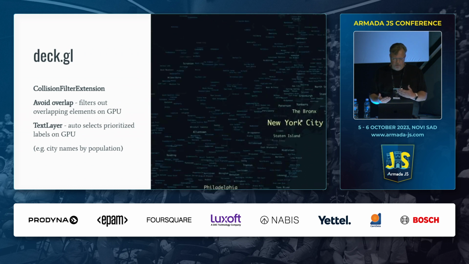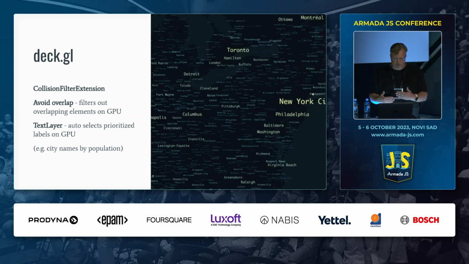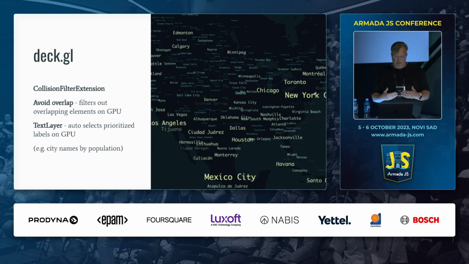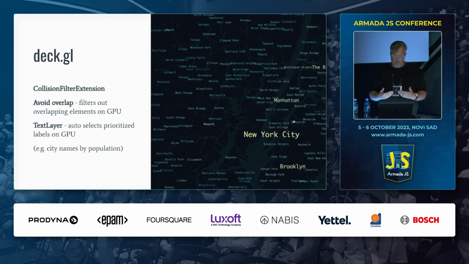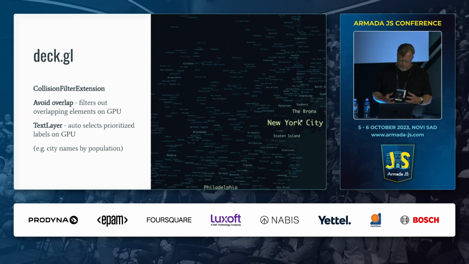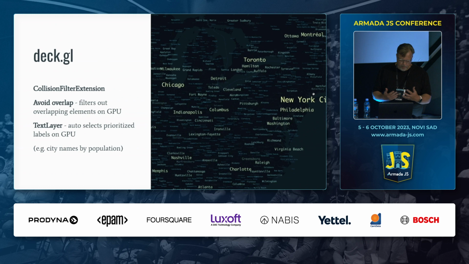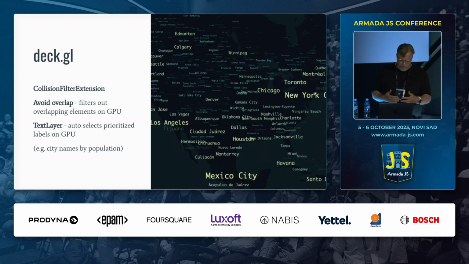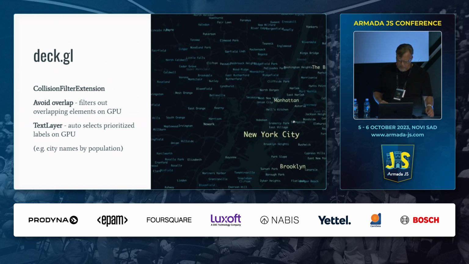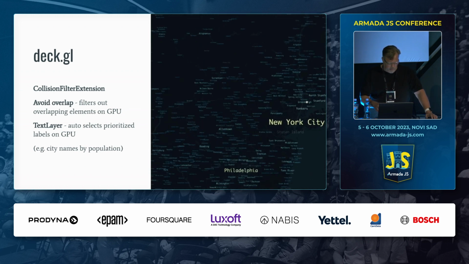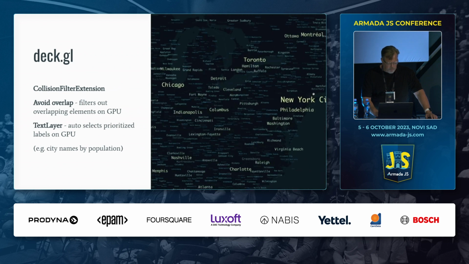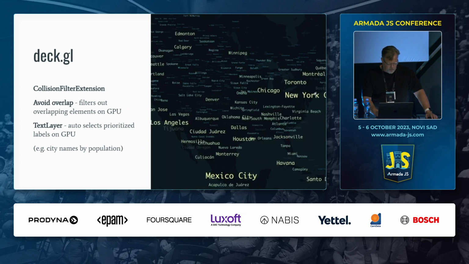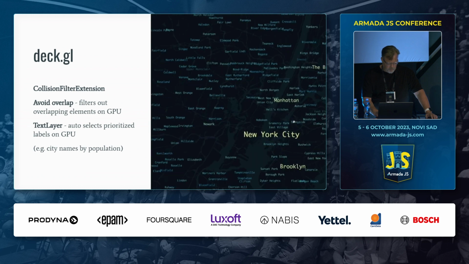On the GPU, it does an overlap check, filters out, and selects the most prioritized label. With a big data set that's very crowded, you can add a priority function or a priority column, and then you can automatically on the GPU have deck.gl, so to speak, declutter the visuals. Now our text layer auto-selects the prioritized labels, and typically here it would be city names based on population.